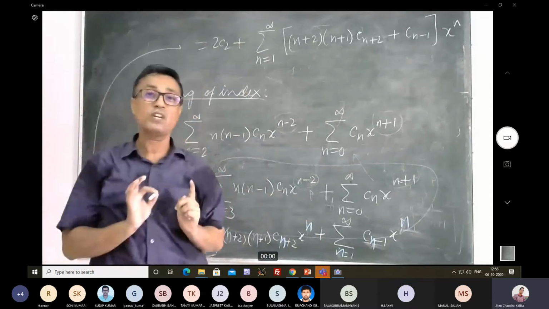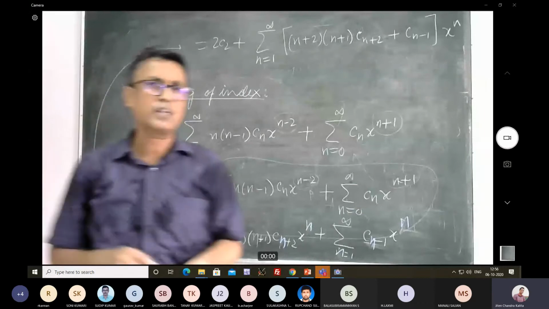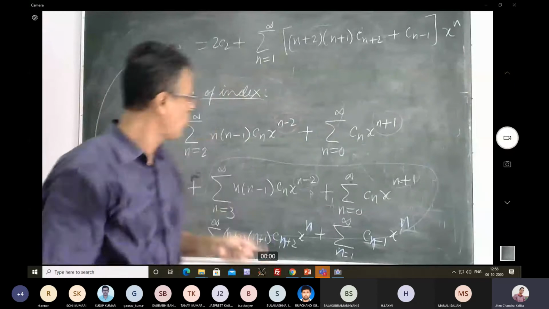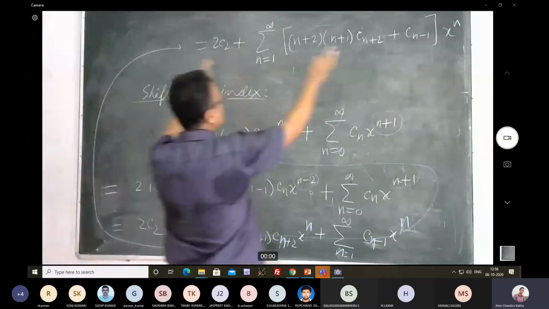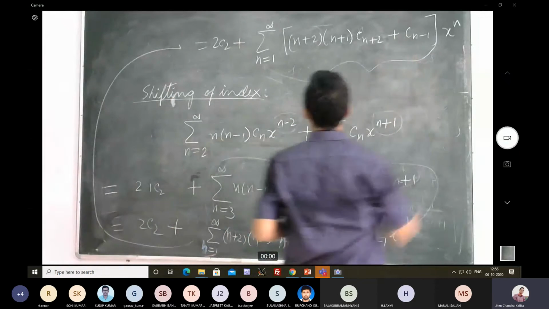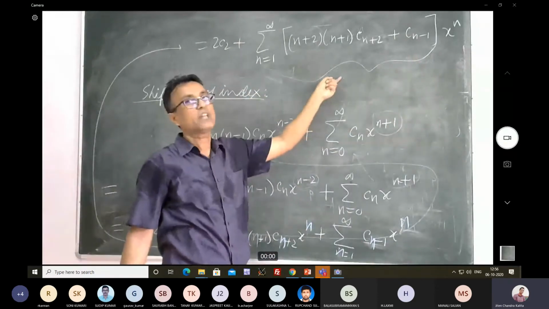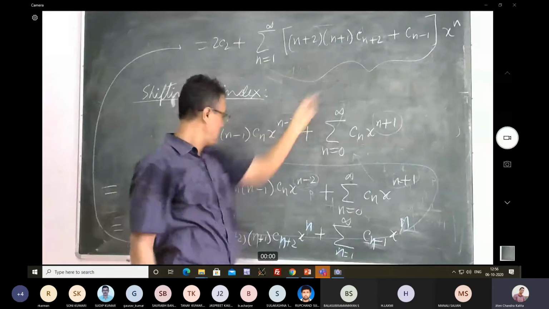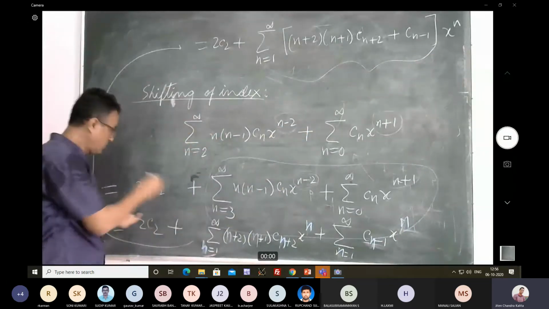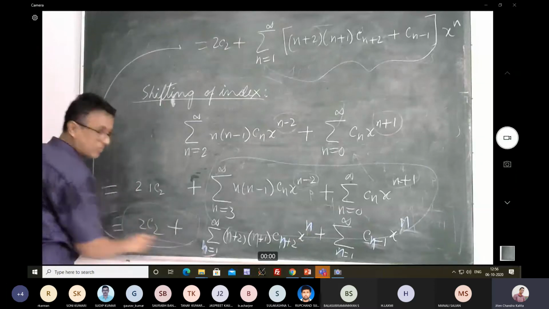So this is the way we are going to proceed. And let me give you some warning. In Simmons' book, I have seen that while working out summation of series like this, he has directly jumped into something like this, which I don't agree with. You should always follow this procedure, because you will be left with some terms.